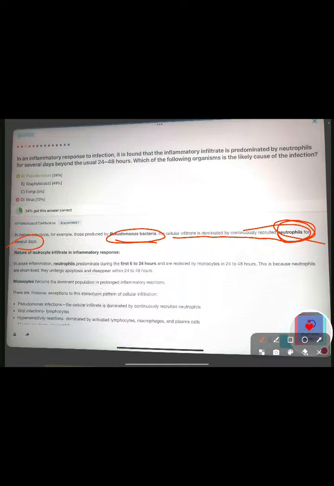In an acute inflammatory response, neutrophils predominate for the first 6 to 24 hours and are replaced by monocytes in 24 to 48 hours. This is because neutrophils are short-lived; they undergo apoptosis and disappear within 24 to 48 hours.